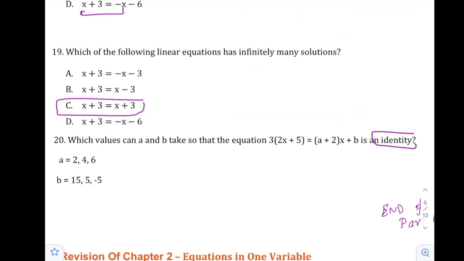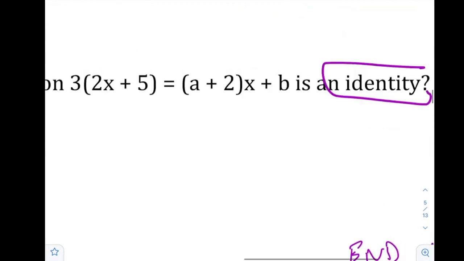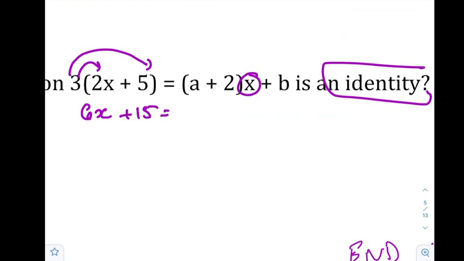Identity means the solution is all real numbers. Let's write the equation or try to solve it here. 6x plus 15 is equal to, we have x here multiplied by a, so it's ax, x times 2, 2x, plus b.